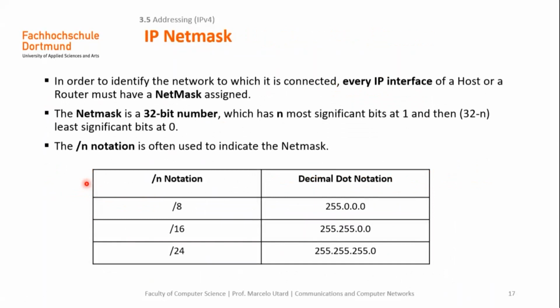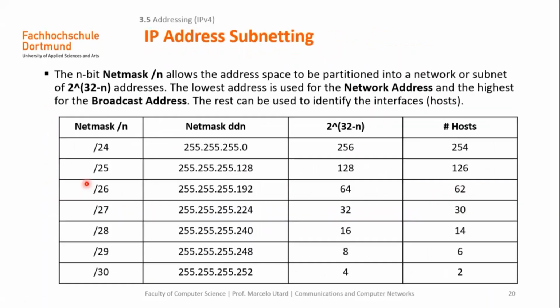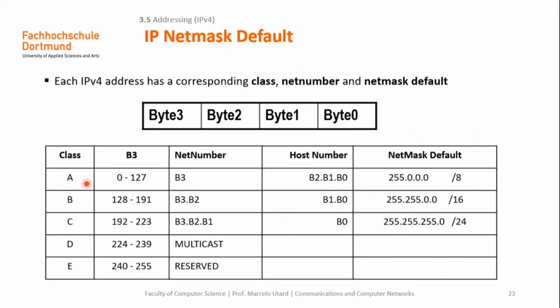I would like to show you another way of presenting the different classes. For each of those classes of addresses, A, B, C, D, what is important is to identify the class with the most significant byte, or most significant octet.